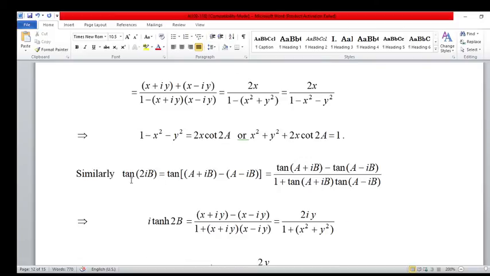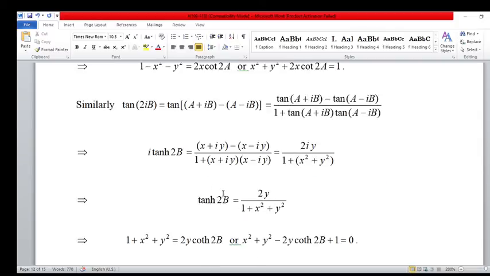Next is similarly, again we can write tan twice ib is equal to tan a plus b minus tan a minus b formula. Again apply here, substitute the value. This is the convert into hyperbolic, i tan hyperbolic twice b, x plus iy minus x minus iy. Here x cancel, twice iy upon 1 plus again a plus b, a minus b formula x square plus y square.